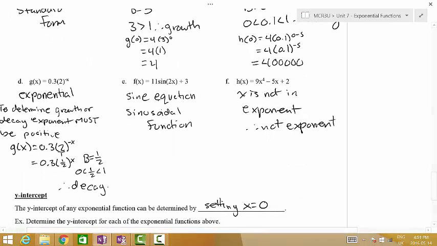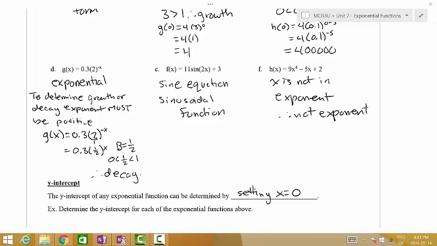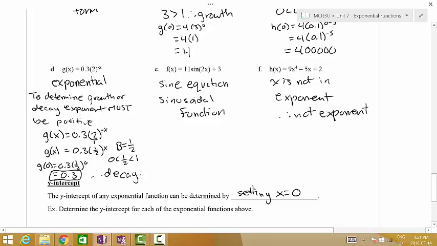And finally here, I'm just going to take the equation that we changed to. So we have g of 0 equals 0.3 times 1/2 to the 0. Again, anything to the 0 is 1, and that one is equal to 0.3. So find the y-intercept, not too bad. All we're doing is setting x equal to 0.